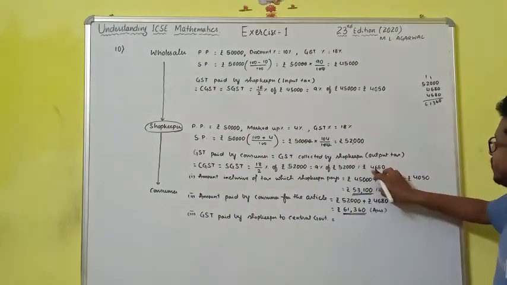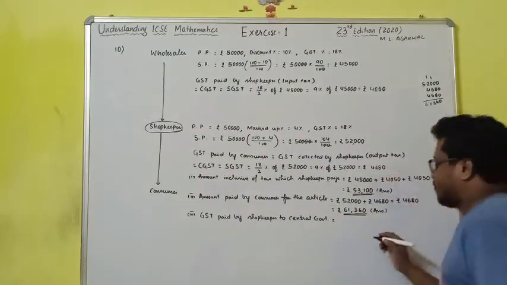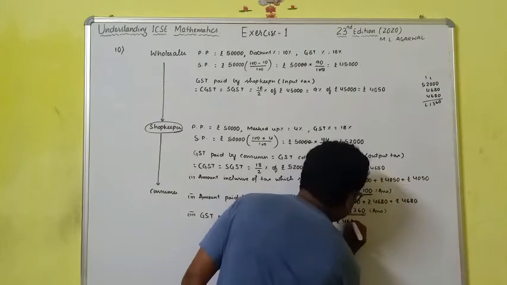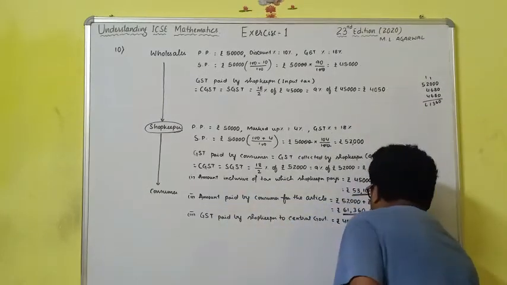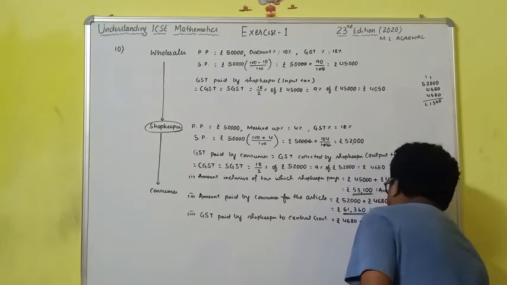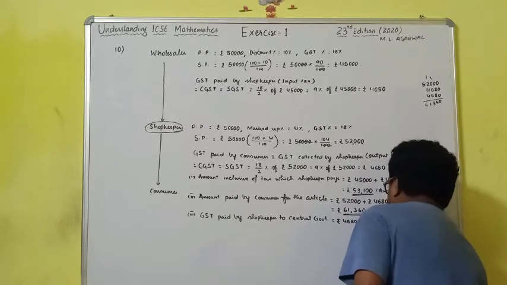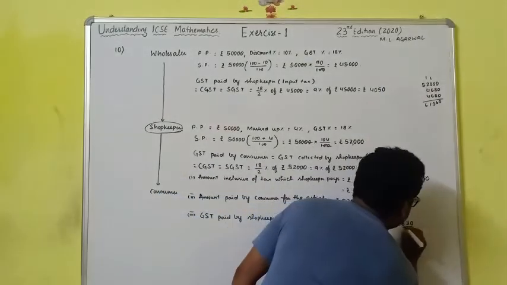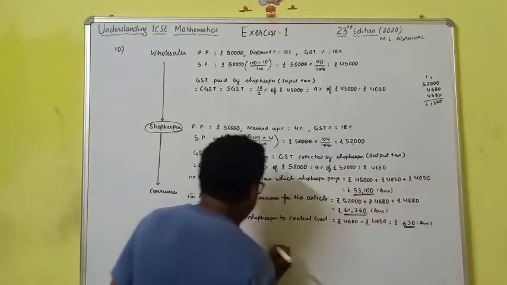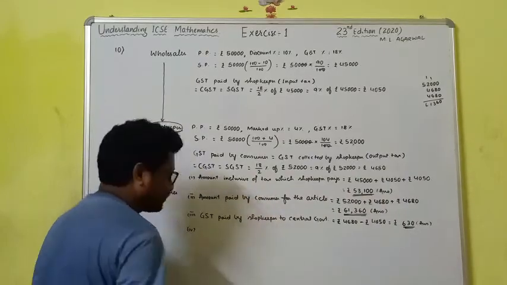It is 4680 minus rupees 4050. So it will be equal to 630. Then this is your another answer, bit number 3 answer.